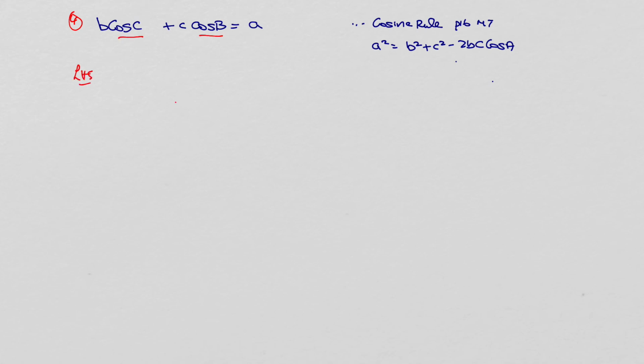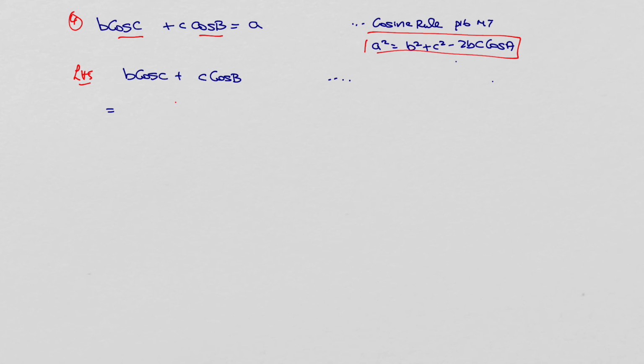If we're taking the left-hand side, we have b cos c plus c cos b. So I'm going to write cos c in terms of a squared, b squared, and c squared. Based on my cosine rule, that can be written in any different format, okay?